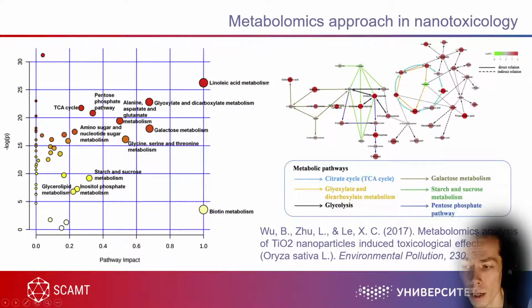Why? Because it's an application of the metabolomics approach to studying titanium dioxide nanoparticles and their toxic impact on rice. Before, we only discussed different cell models, animal models, and toxicological studies; studies connected with plants are also very widespread because, for example, in Asia a lot of people eat rice, and this is, if I remember correctly, the number one plant culture in the world.